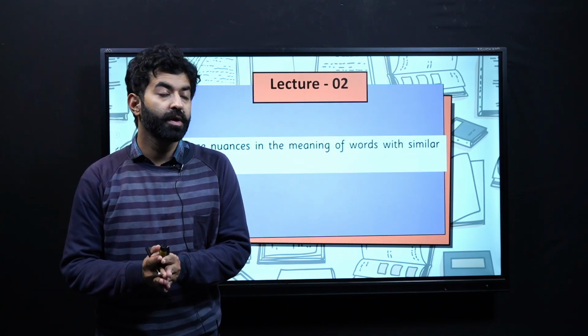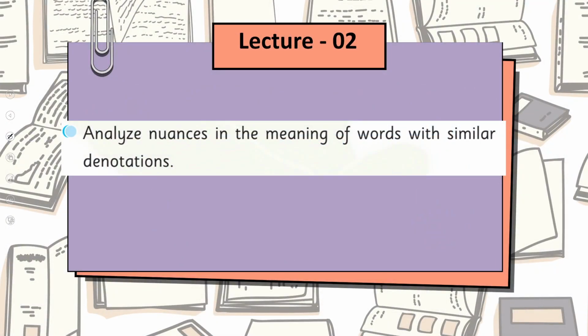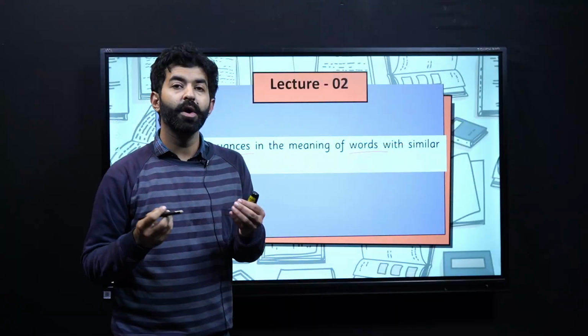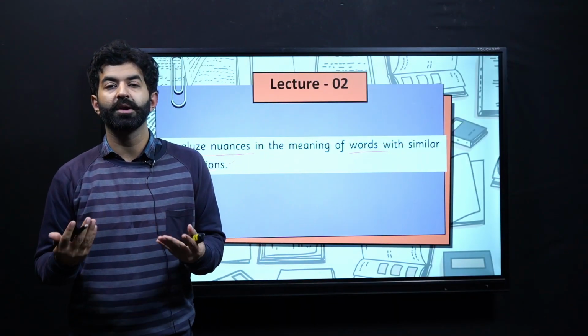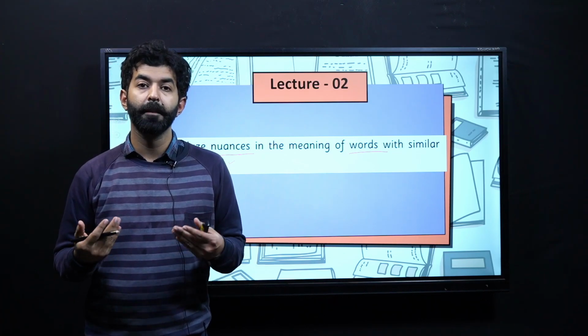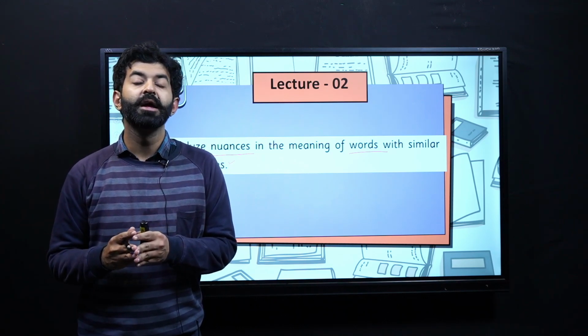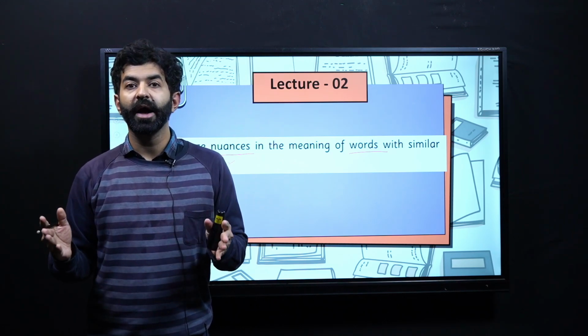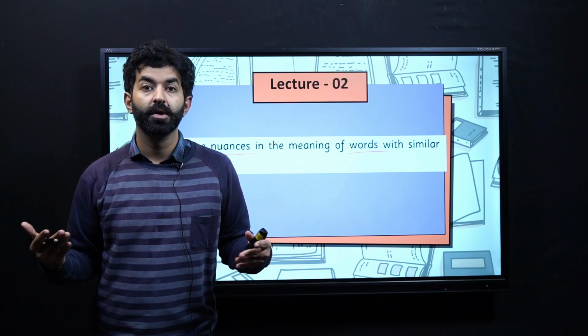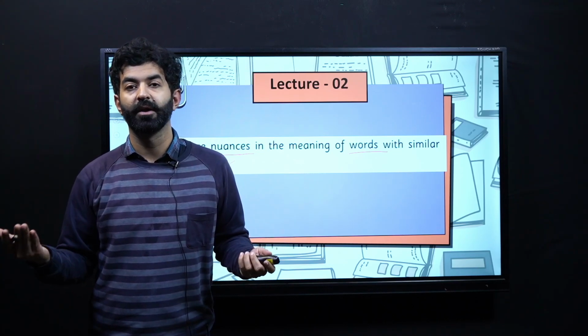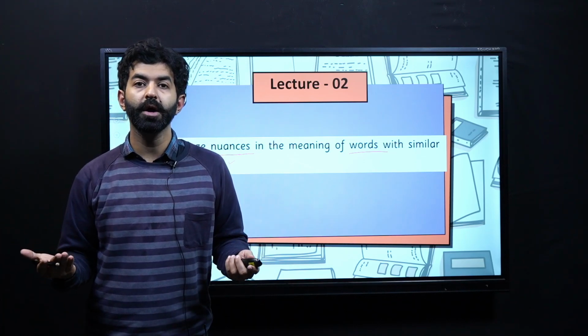Next lecture, we will talk about, in lecture number 2, analyze nuances in the meanings of words with similar denotations. So similar denotations means words with similar meanings, the literal or definition meaning that you can find in the dictionary. And this is what we mean by denotative. We will revise what is the difference between connotative and denotative meanings of words.